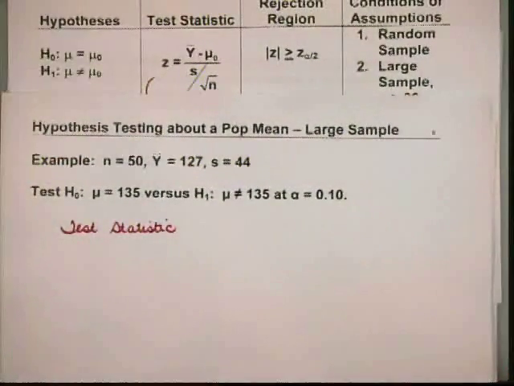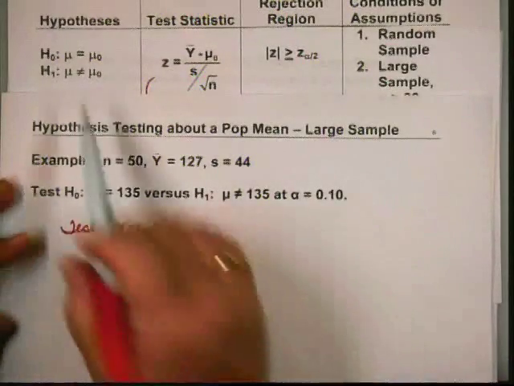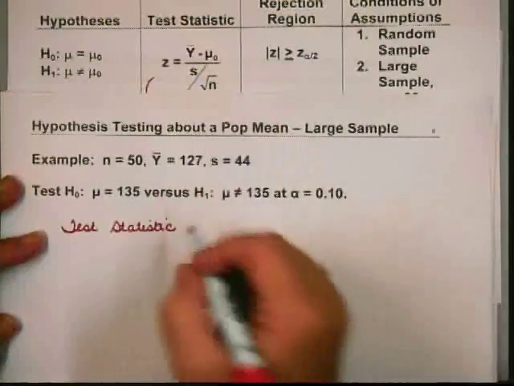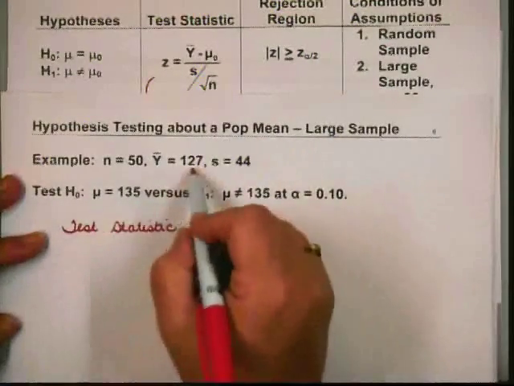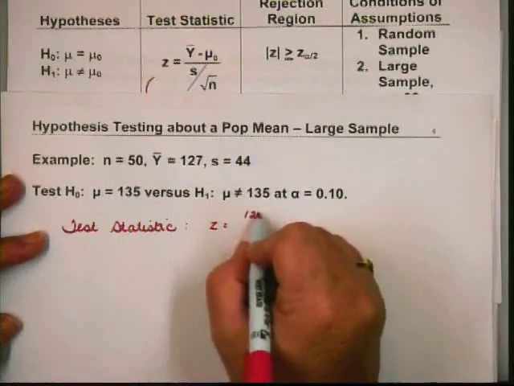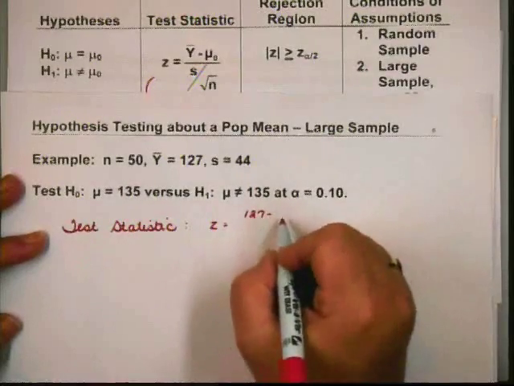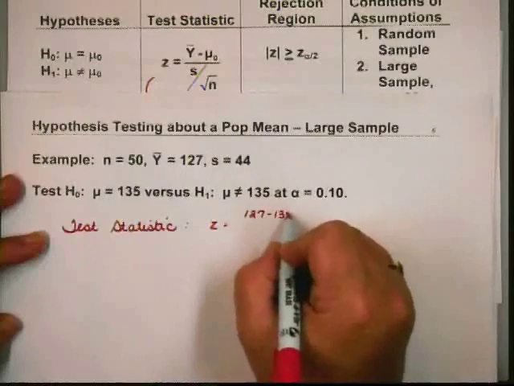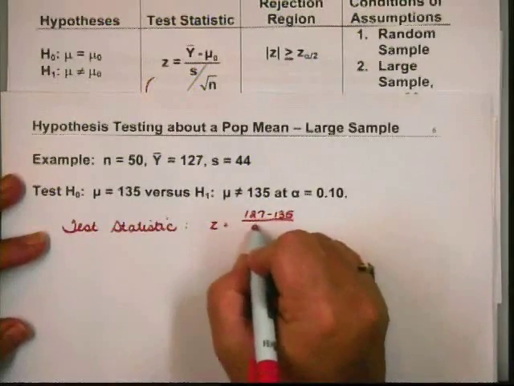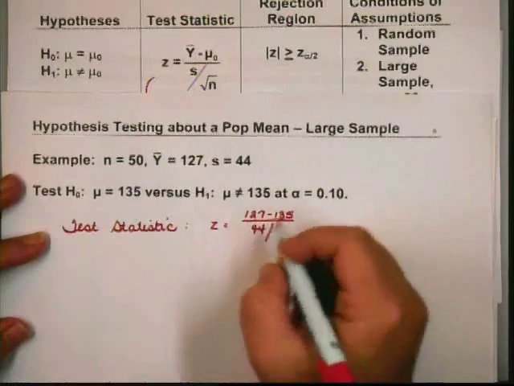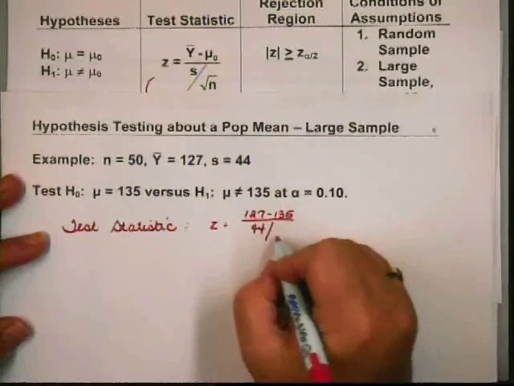All right, so we look at our test statistic. We have a two-sided test, and we're going to compute our z-score. So it's going to be z is equal to y bar, which is the 127, minus the hypothesized value of 135, divided by the standard deviation, which is 44, over the square root of the sample size, which is 50.